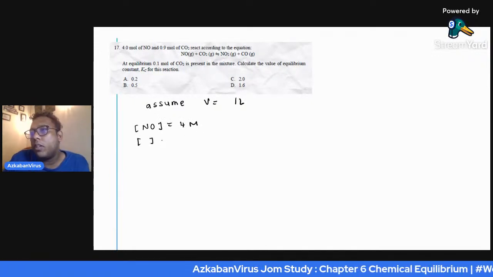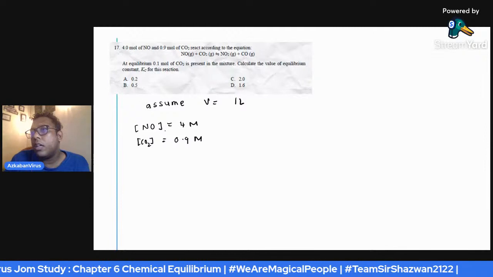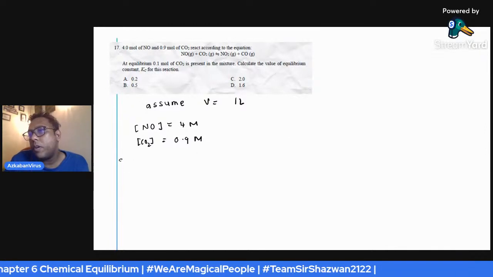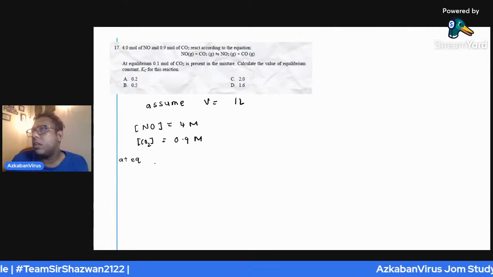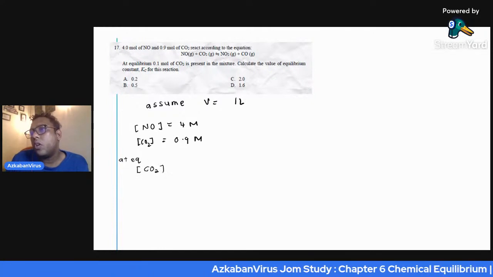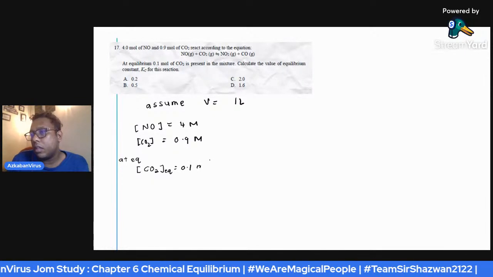Molarity of CO2, which is equal to 0.9 molar. And at equilibrium, molarity of CO2 is equal to 0.1 molar.